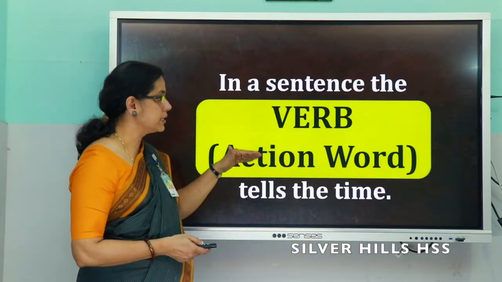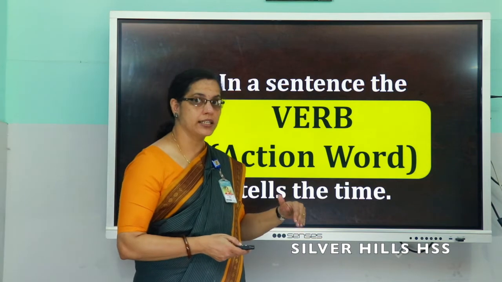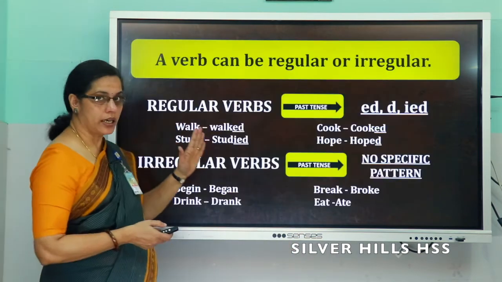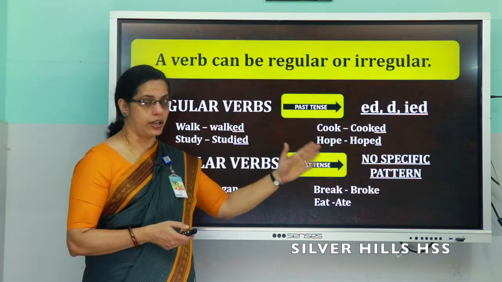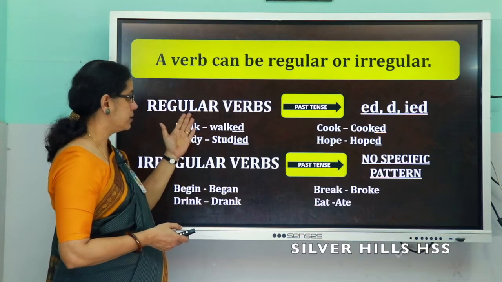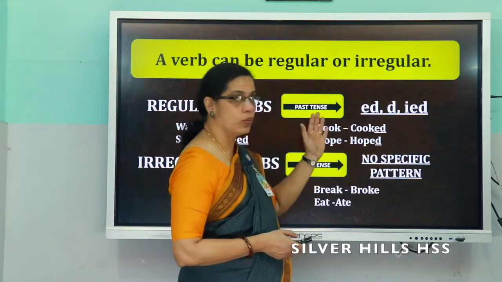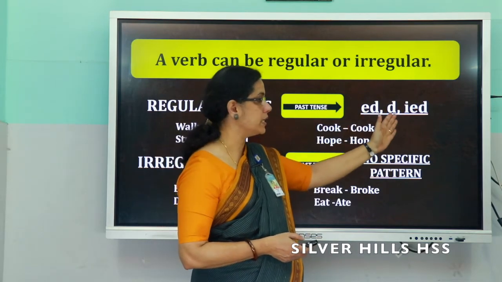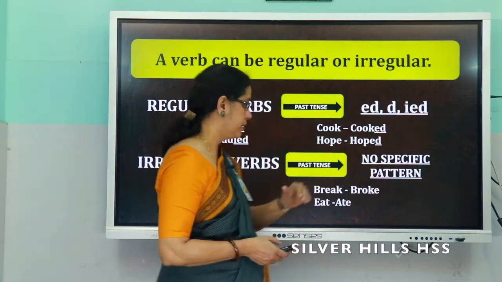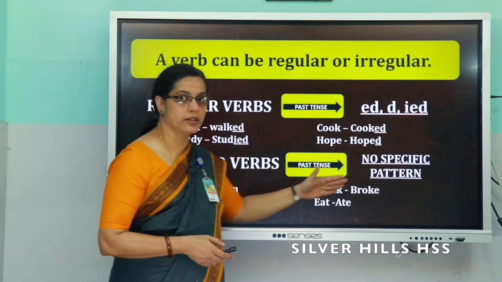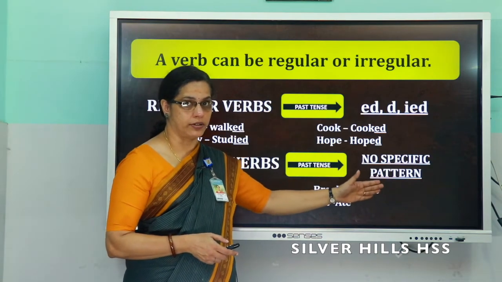In a sentence, it is a verb which tells the tense. Verbs can be regular or irregular. Regular verbs, when changed into past tense, we add ed, d or ied. For irregular verbs, there is no specific pattern.